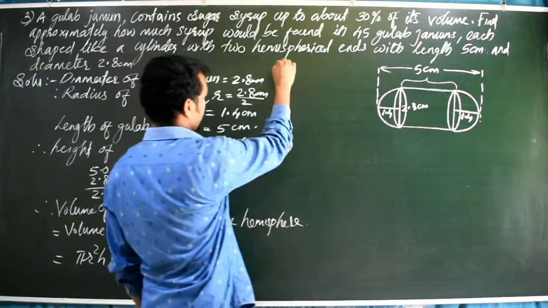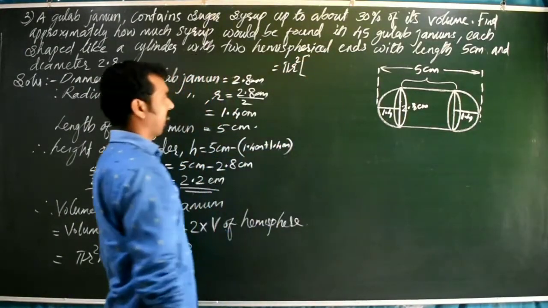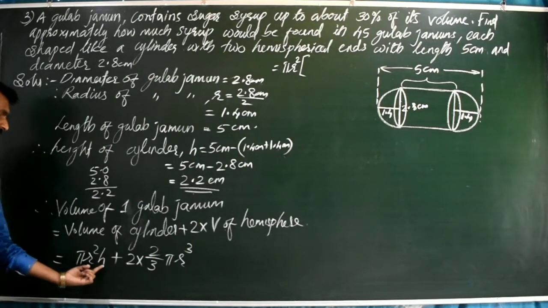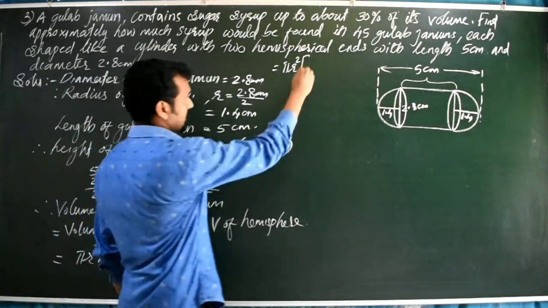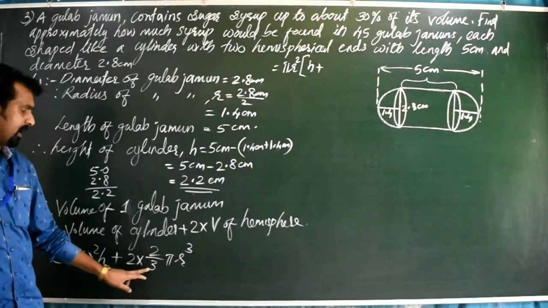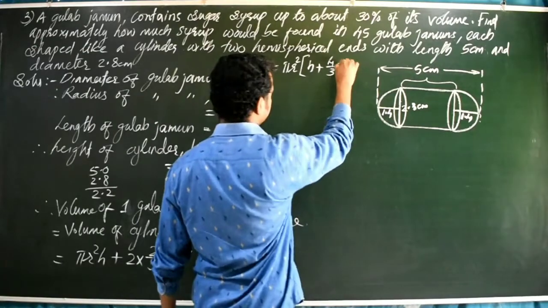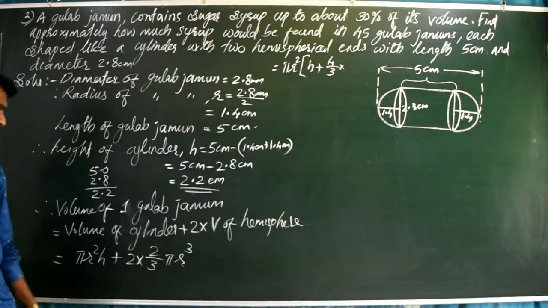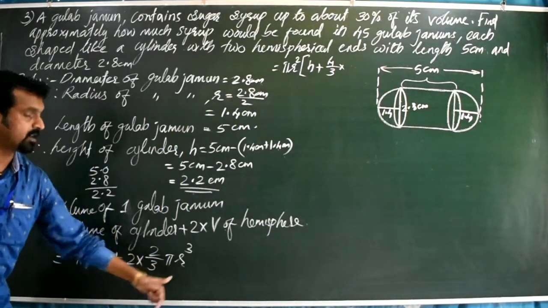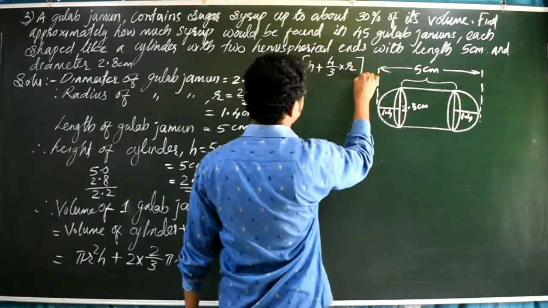Remaining here is h plus 2 2s are 4 by 3. Pi taken outside, r square taken outside, 1 r will remain there. So 4 by 3 into r it will come.